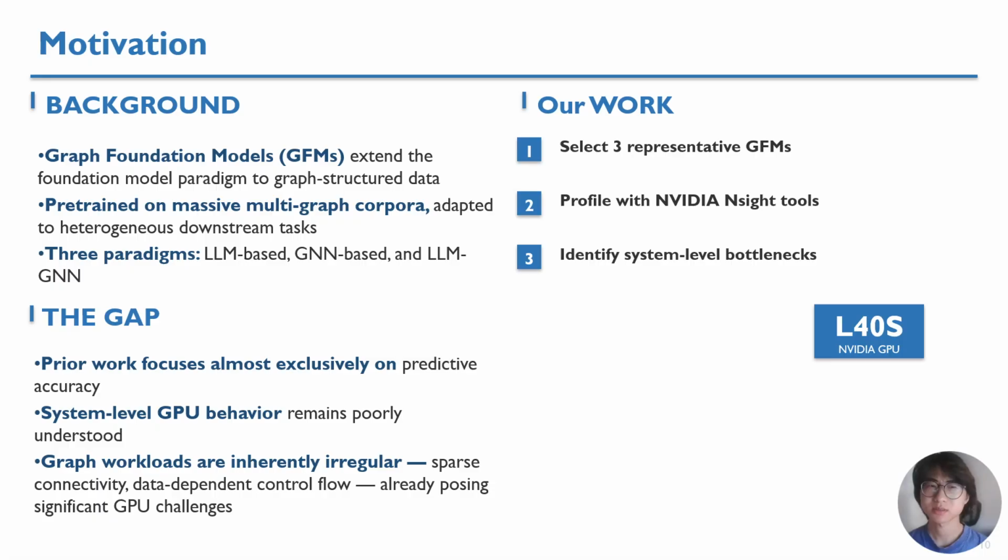The gap is that virtually all previous work focused on predictive accuracy, while system-level GPU behavior is poorly understood. Graph workloads are already difficult for GPUs because sparse connectivity and data-dependent control flow create inherent irregularity. Our work fills this gap.